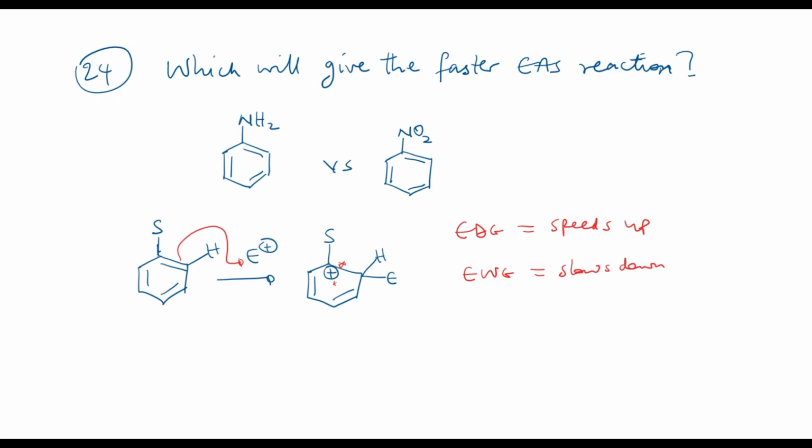So of these two molecules, this is an electron donating group. One way to easily tell is to look at the atom that is directly attached to the ring and ask yourself the question, does it have a lone pair? And yes, it does. So that's an electron donating group. That's one way to identify an electron donating group. On the contrary, the nitro group is a powerful electron withdrawing group. Therefore, the molecule that will give the faster EAS reaction is going to be the aniline.